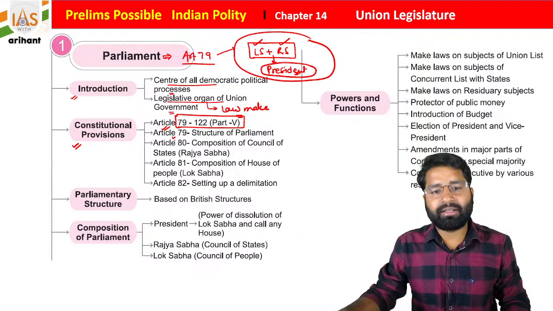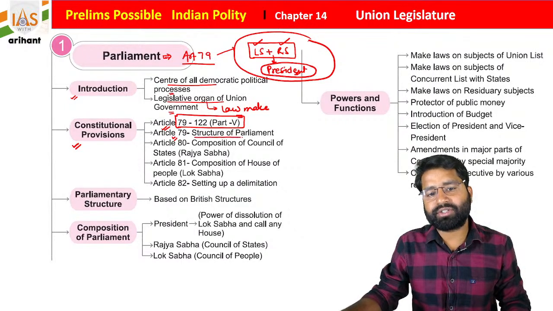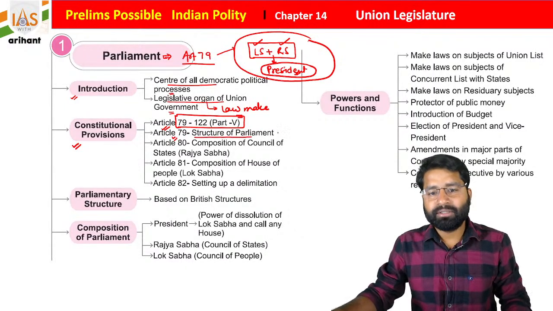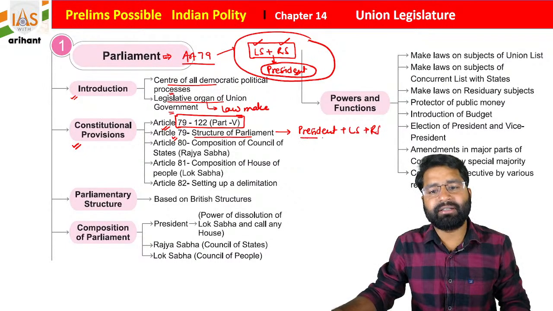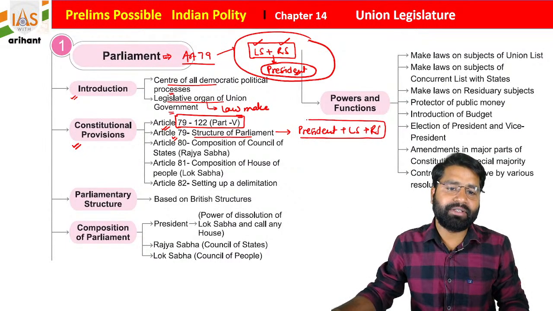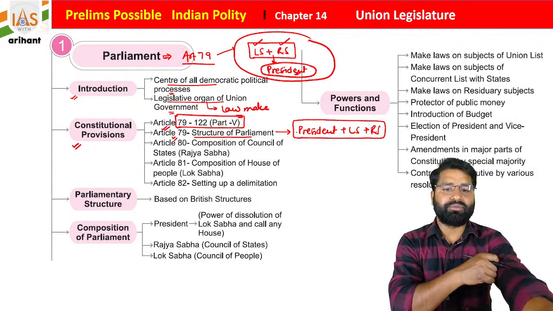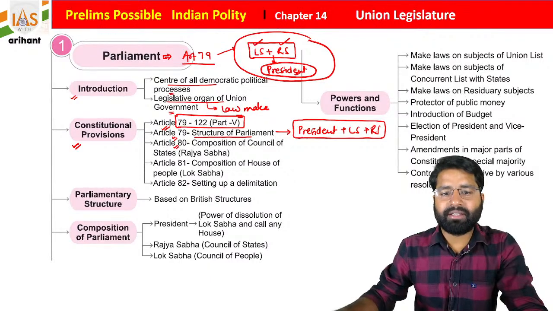Then we have Article 79, which is about the structure of parliament. The structure of parliament consists of, as we already discussed, the President, Lok Sabha and Rajya Sabha. These three combined are considered the parliament, students. Then we have Article 80, composition of the Council of State.